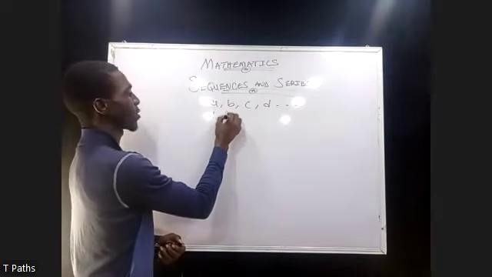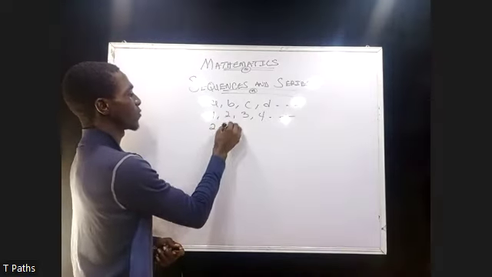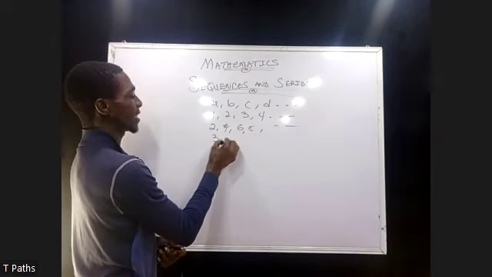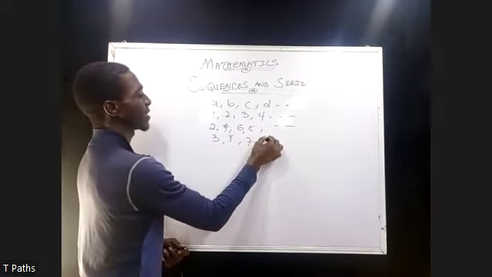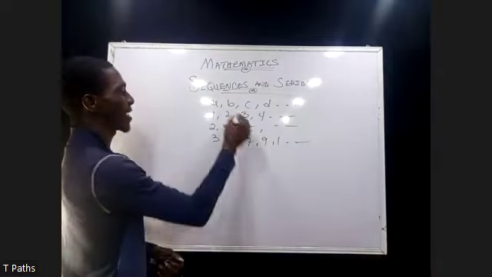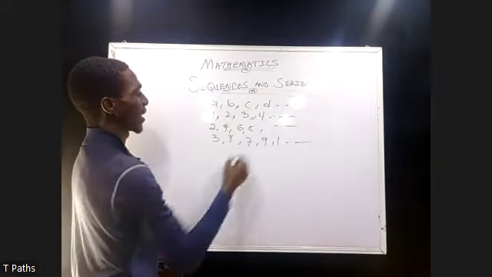Another sequence is 1, 2, 3, 4, and so on. One other says 2, 4, 6, 8, and so on. We have one that says 3, 5, 7, 9, 11, and so on. All these are called sequences because they are separated by commas.